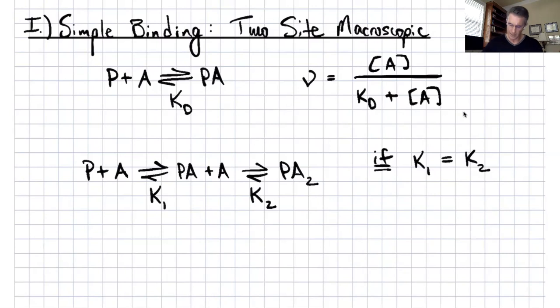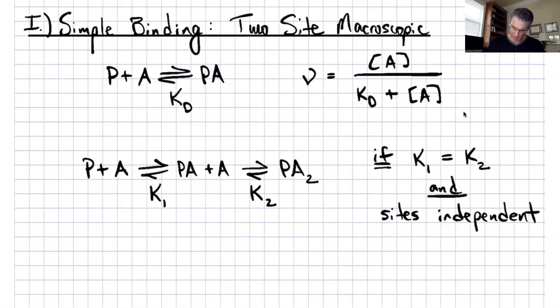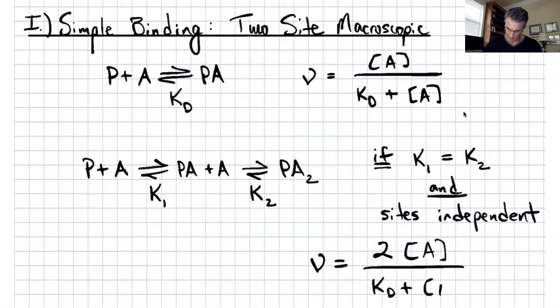If the equilibrium constants are exactly the same and the sites are independent, I pointed out that the degree of binding for this particular case would simply be just like the simple single site binding, but multiplied by 2. So it'd be 2 times A divided by the dissociation constant plus the concentration of A.